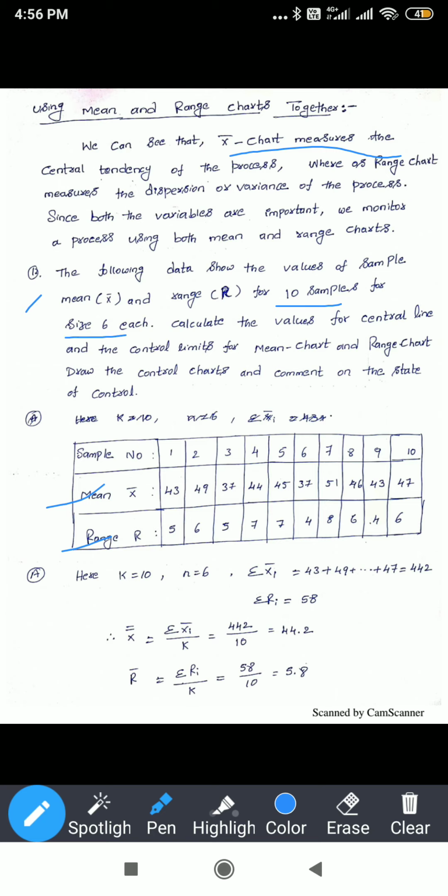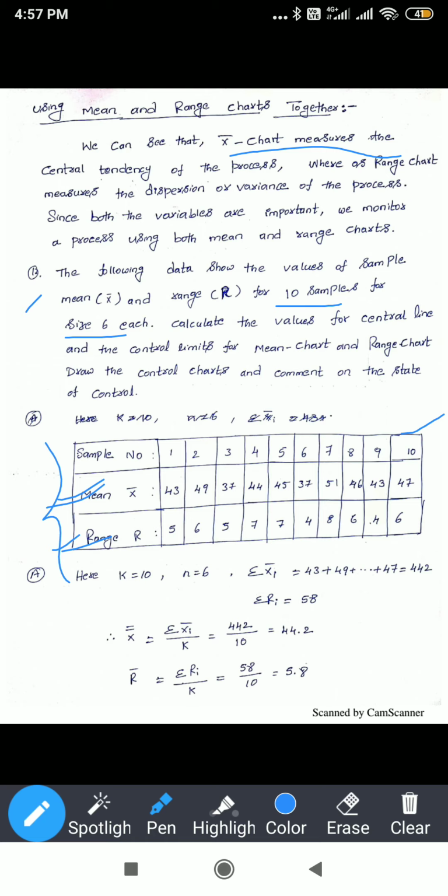Calculate the values for the central line and the control limits for the mean chart and the range chart. Draw the control charts and comment on the state of control. This is the question. What is given in the question is the sample numbers, total samples 10, the mean of the samples, and the range.